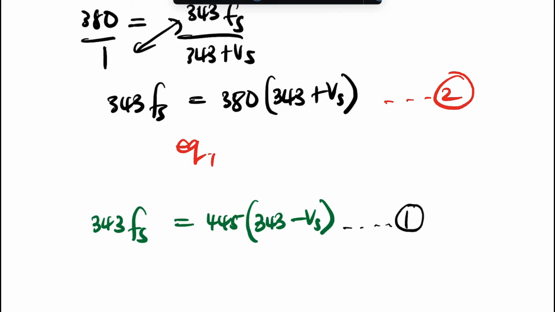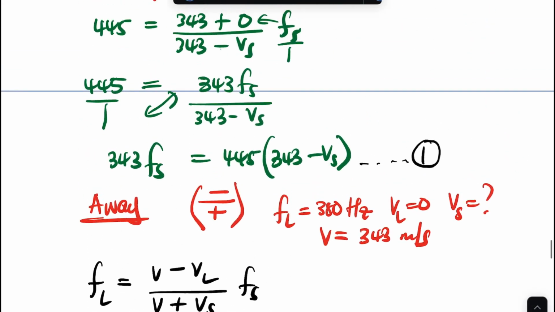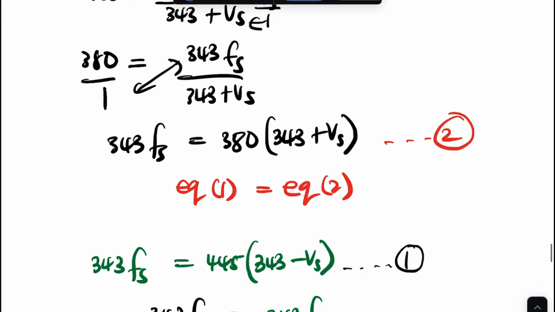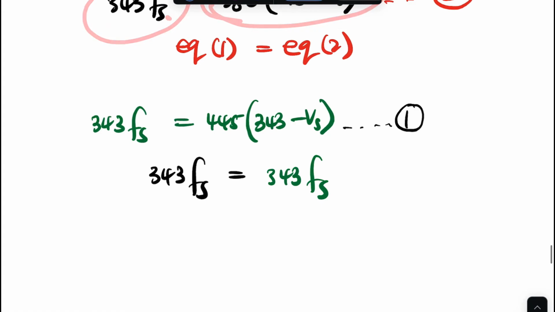Equation 1 is equal to equation 2. So 343 Fs equal to 343 Fs. Do you see, guys? In this equation I had 343 is equal to that, and here I have 343 Fs is equal to that. So I equated the 343s.